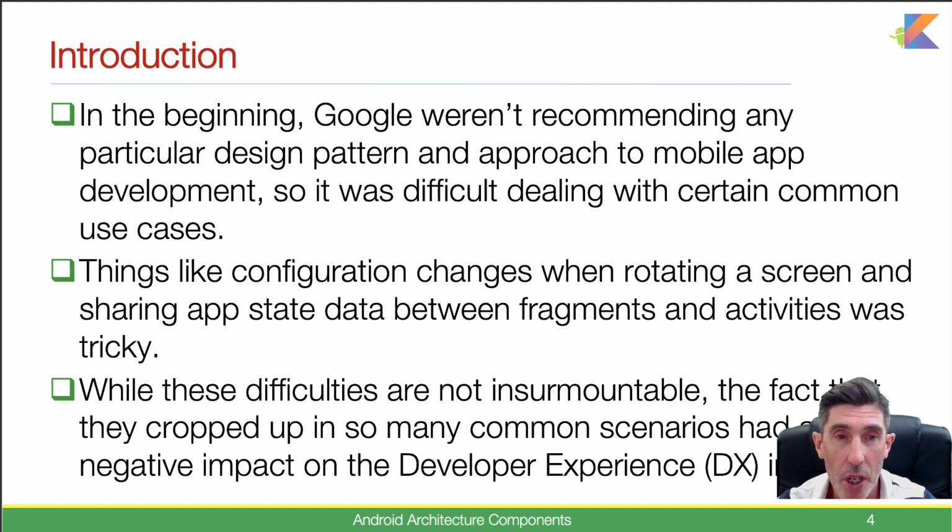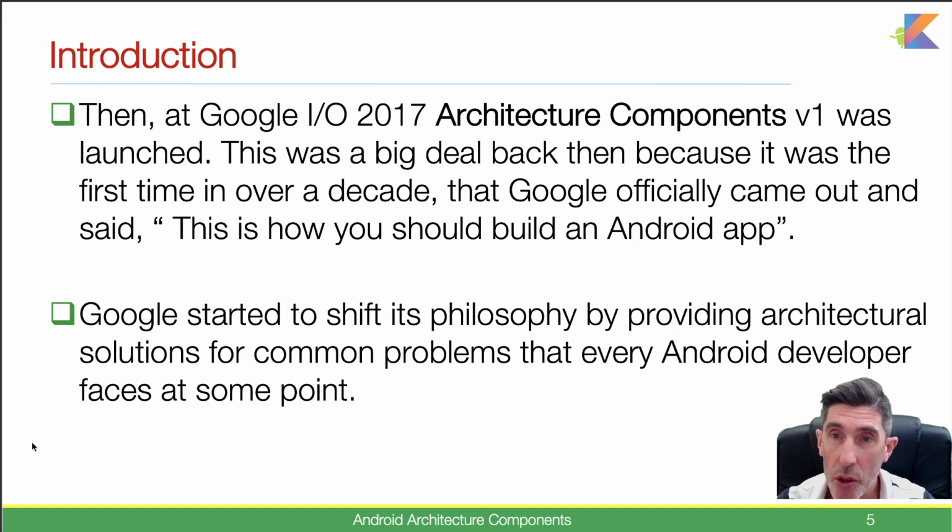Okay, now because of all that, at Google I/O 2017, Architecture Components version 1 was launched, and it was a big deal back then because it was the first time in over a decade that Google officially came out and said this is how you should build an Android app. Android launched in 2007, so for 10 years, even though Google kept changing and adding to the framework itself, adding to the libraries, bringing in all these new features, they never really said, look, with these new components now, this is probably the way you should build an app because this is the way they're all supposed to work together.